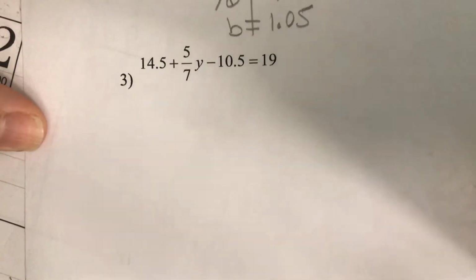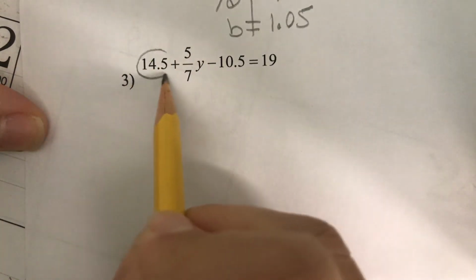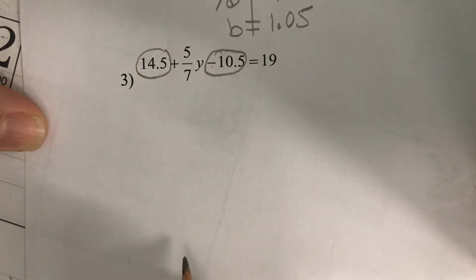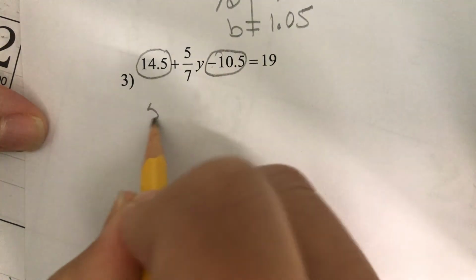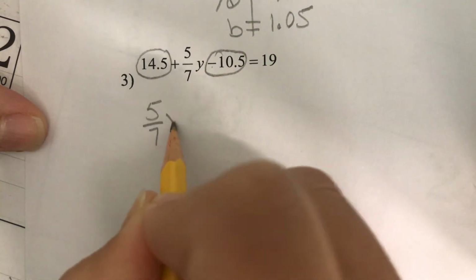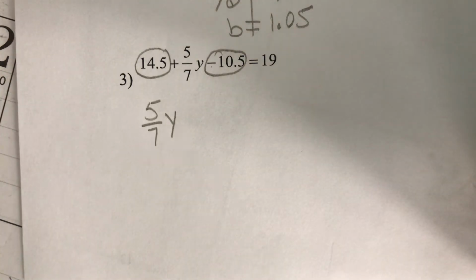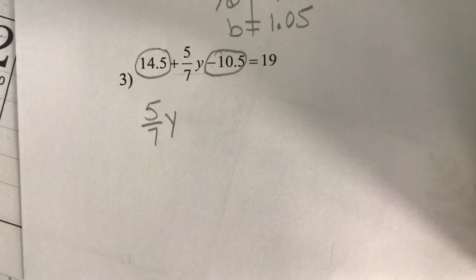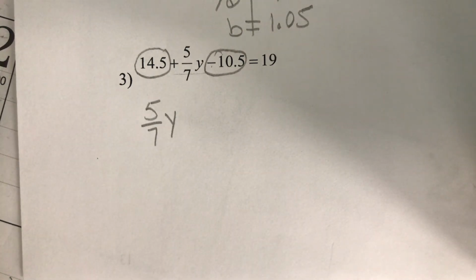All right. Combine like terms. So here they are, our constants. Make sure you pull in that sign. So our variable is alone, does not have anything to add or subtract to it. We're doing 14.5 minus 10.5.